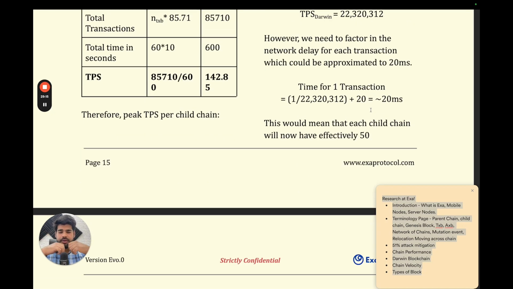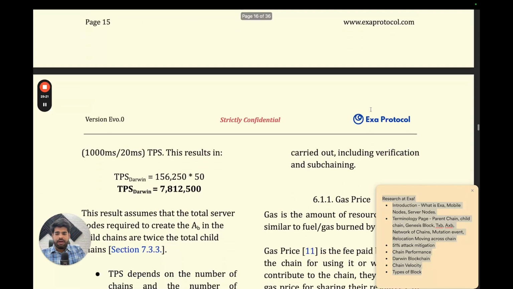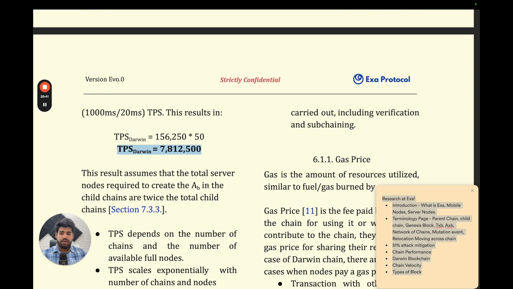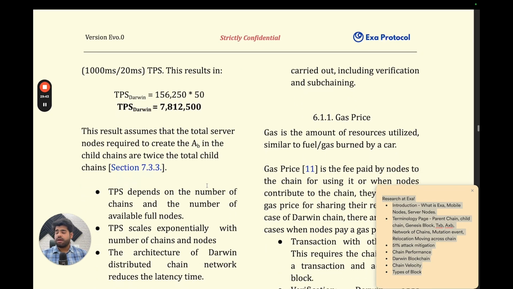Now, if we bring in the network latency of, let's say, 20 milliseconds per transaction in the network, we see that it is theoretically possible that the TPS of the Darwin network can be 7.8 million TPS, again at scale. So this was the calculation behind how we are saying that Darwin is 22 million or 7.8 million TPS, theoretical maximum at scale.